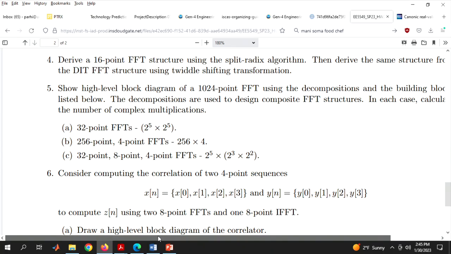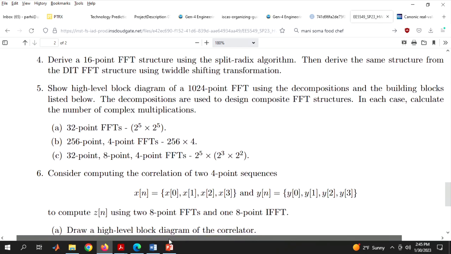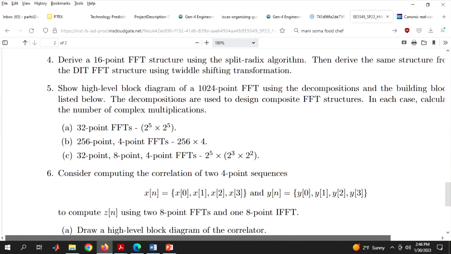Did I specifically say what to use? I didn't say, but you can assume DIT or DIF for the base structures. So just think about this as 32 times 32. So it's a composite FFT.